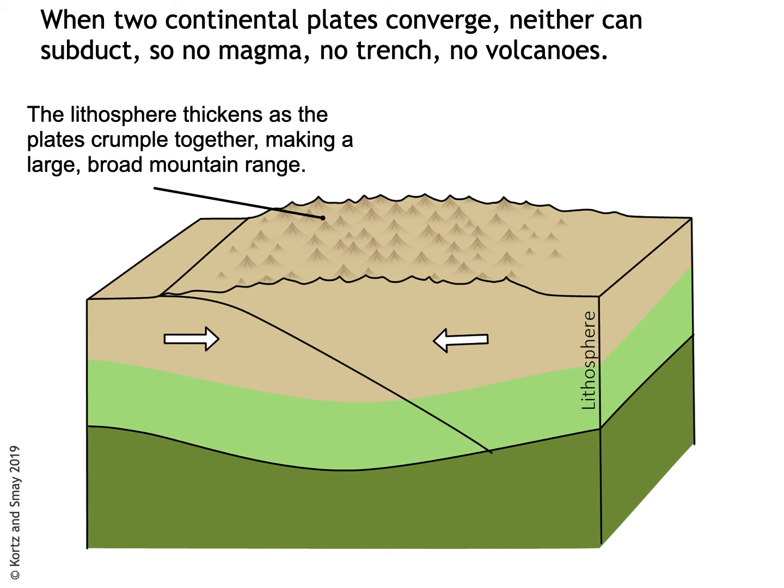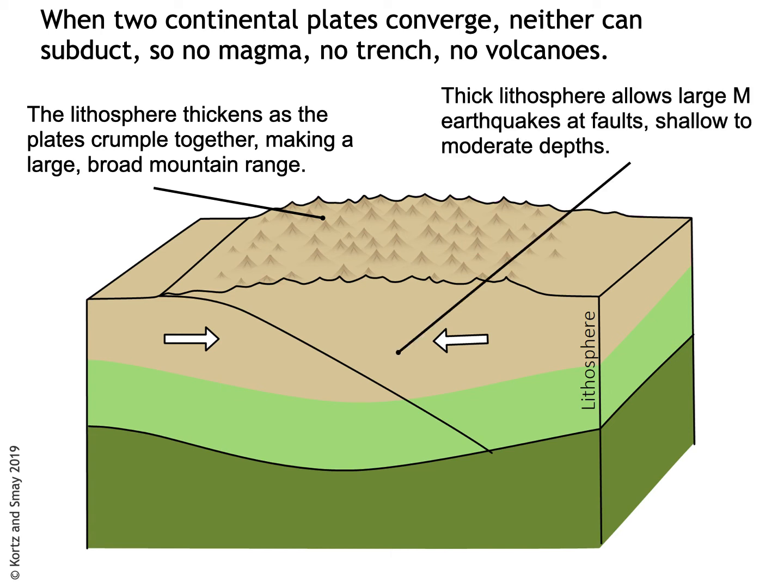So, at this particular type of convergent boundary, no magma, no trench, no volcanoes. Instead, we get the lithosphere thickening, making the biggest mountain ranges in the world, like the Himalayan mountains. And this extra thick lithosphere allows very large magnitude earthquakes at faults, shallow to moderate, even sometimes fairly deep depths.